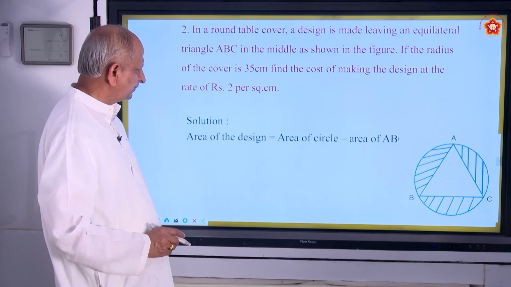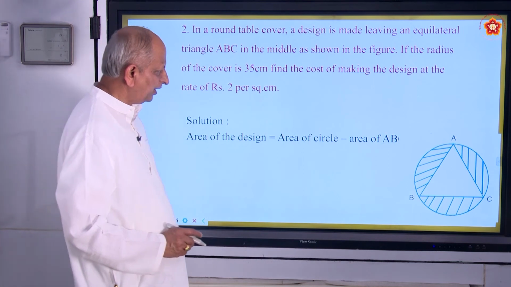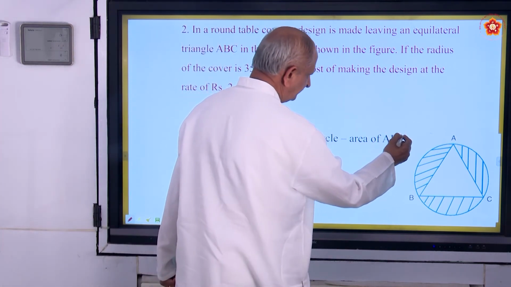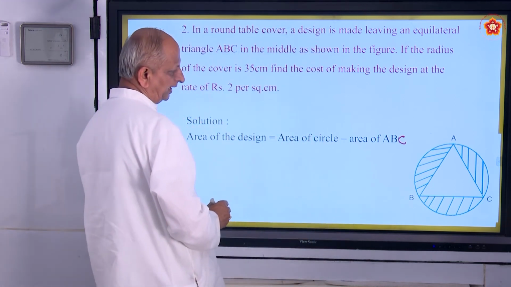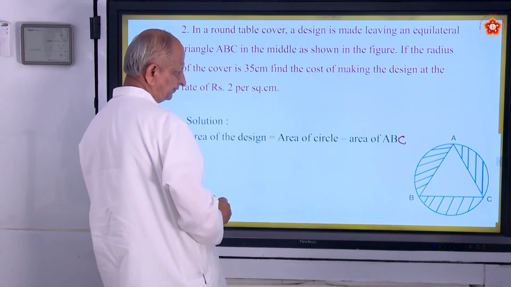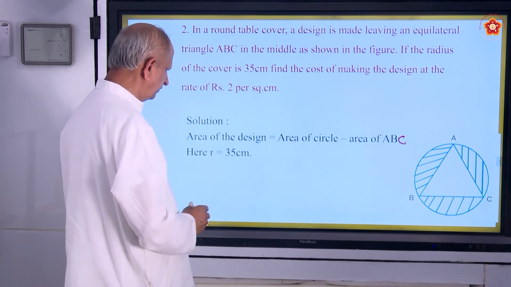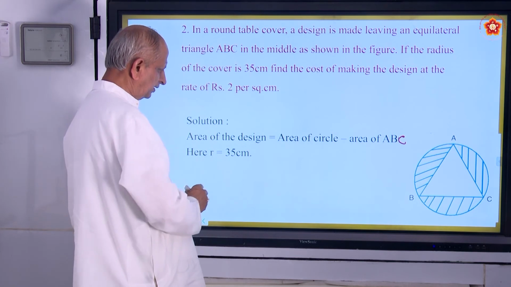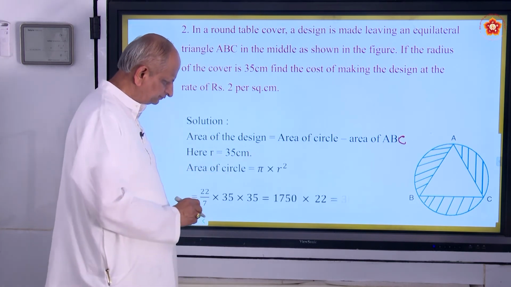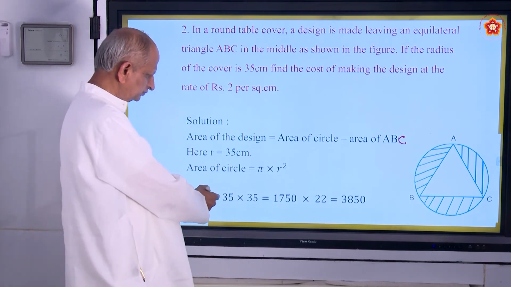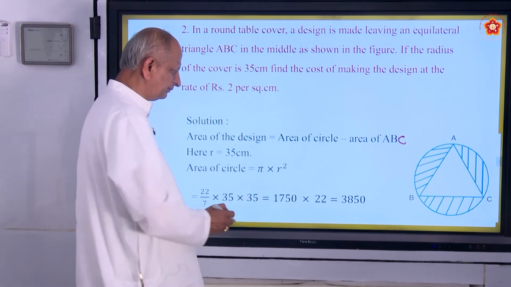First, area of the design is equal to area of circle minus area of triangle ABC. So, area of circle, how much? We have to find it out, for which the radius is given as 35. The area of a circle is pi r square, pi into r square, r is 35 into 35.